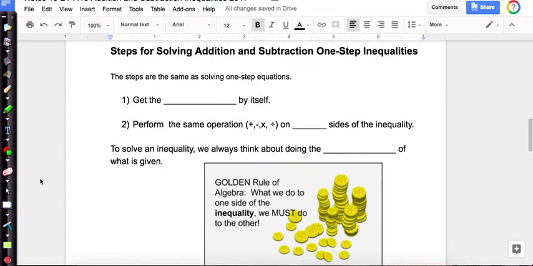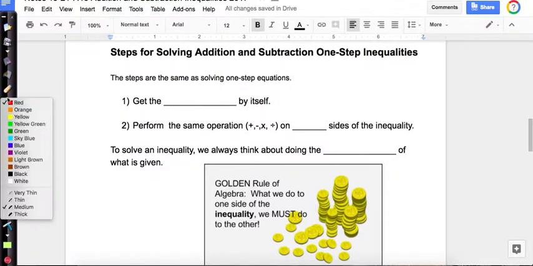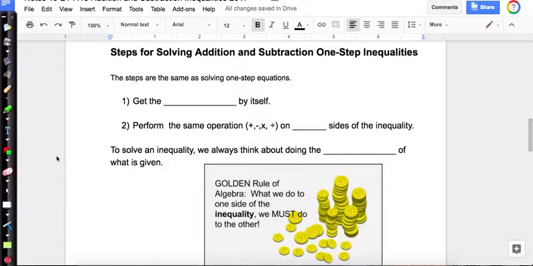And here are steps for solving addition and subtraction one-step inequalities. The steps are the same as solving one-step equations. So the first goal is to get the variable by itself. Perform the same operation, addition, subtraction, multiplication, or division on both sides of the inequality.